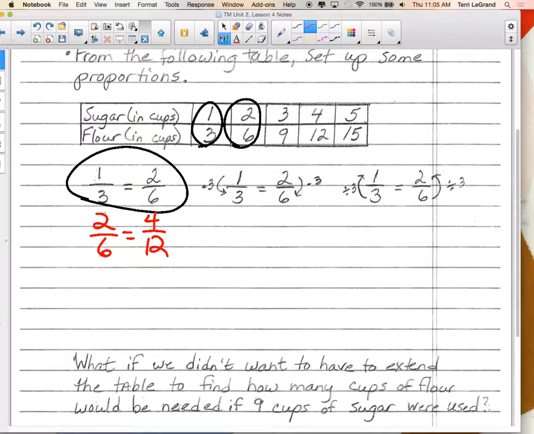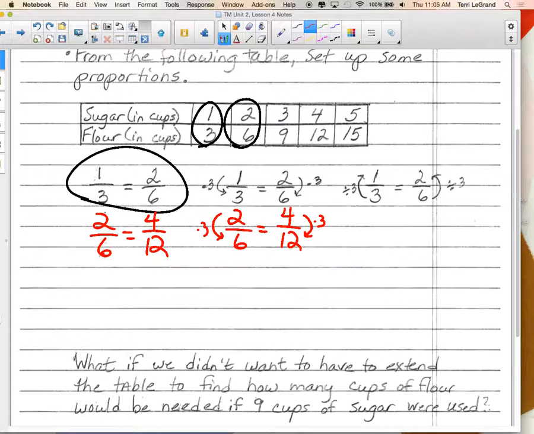So in other words, if I took that 2/6, I could get from 2 to 6 by doing what again? Multiplying by 3. I could get from 4 to 12, multiplying by 3.